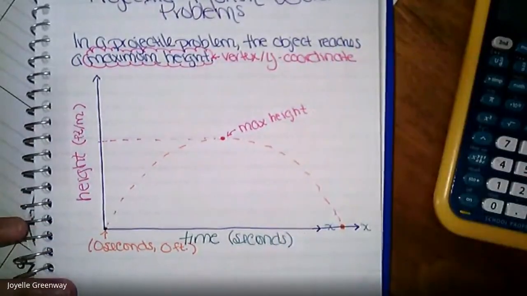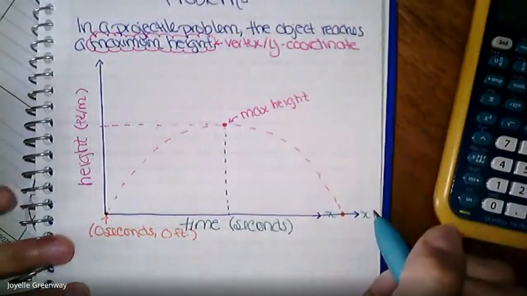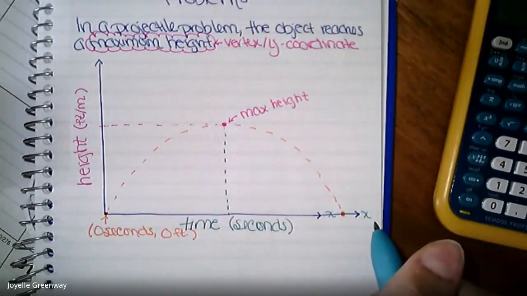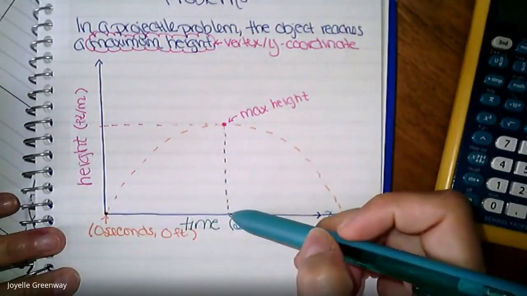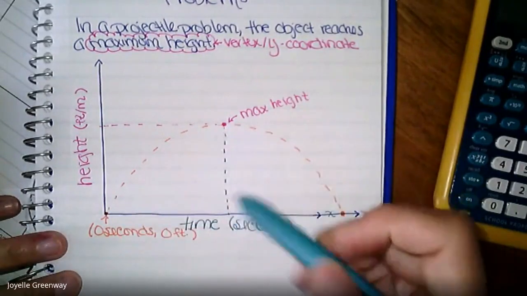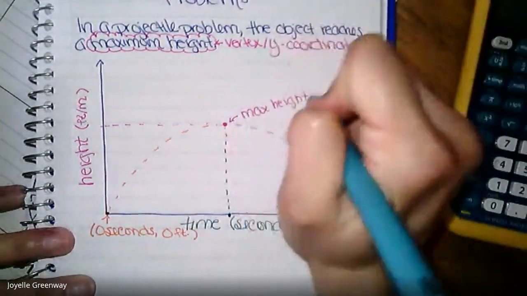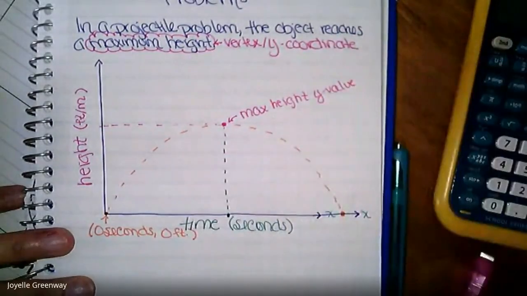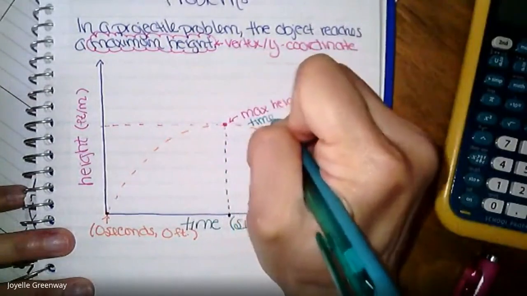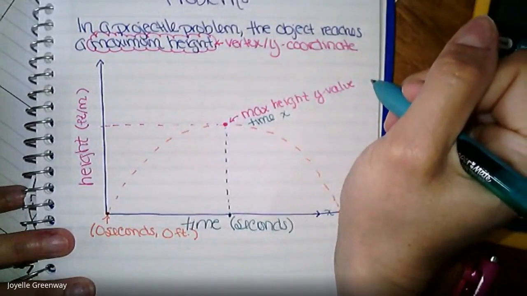You can also ask how long it's going to take for your object to reach the max height. So if it says how long until your soccer ball reaches its max height, you're looking for the time. Max height is going to be the y value of your vertex, and the time it takes is the x value of your vertex.